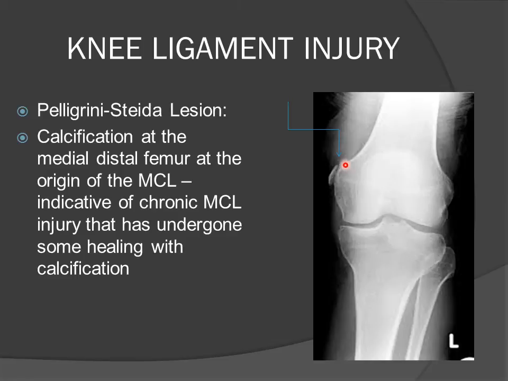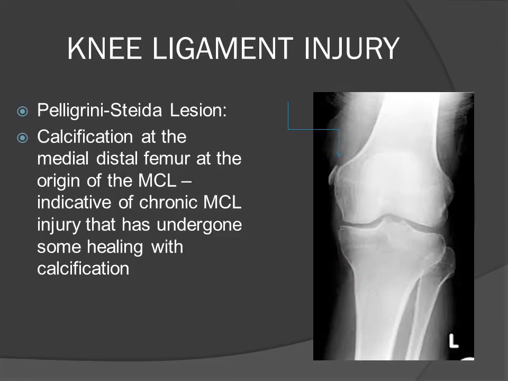Now, this X-ray shows the Pellegrini Stieda calcification at the proximal attachment of the medial collateral ligament up above the medial femoral condyle. Question I have for you is, if the medial collateral ligament was sprained at its distal attachment, could we see a Pellegrini Stieda lesion adjacent to the tibia?